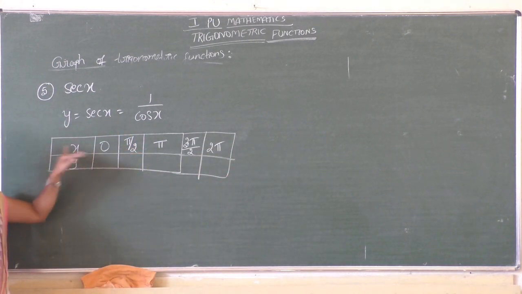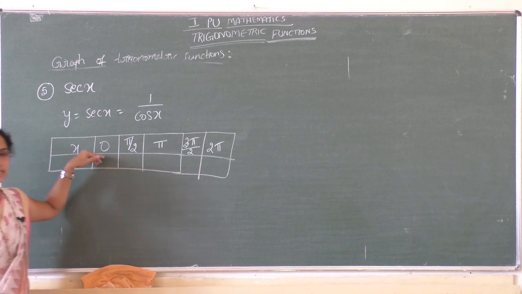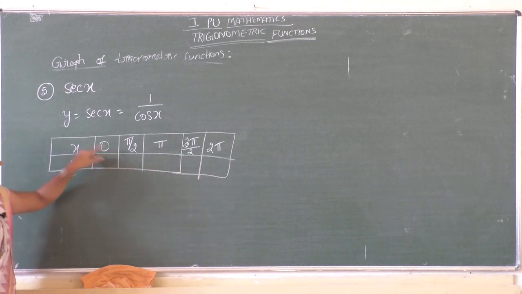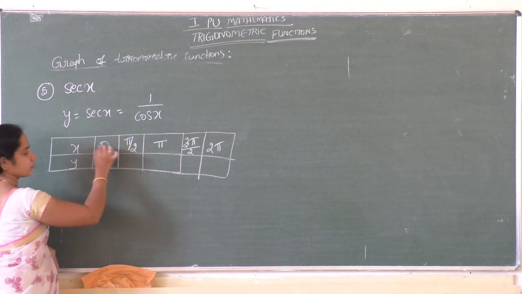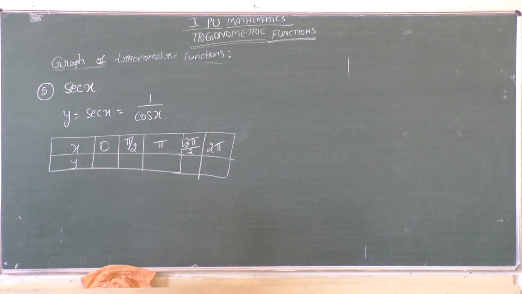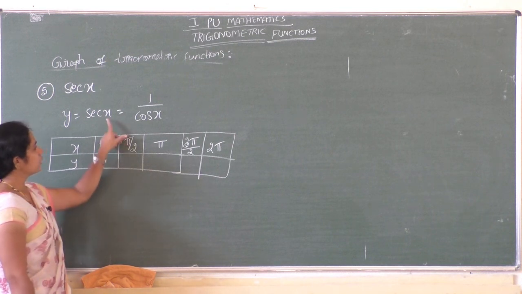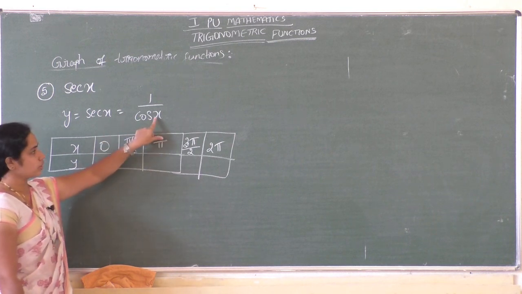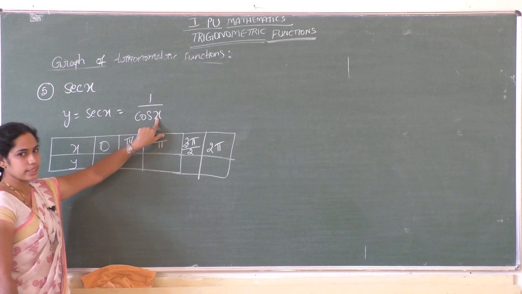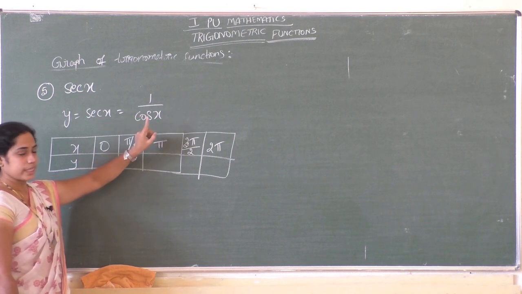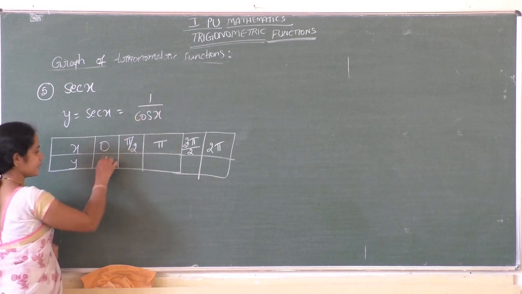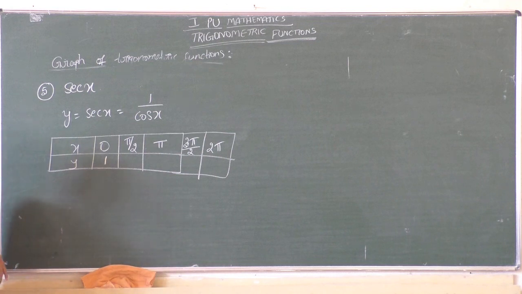Now for x equals 0, what is the value of secant 0? Cos 0 is 1, correct? 1 by 1 is 1.